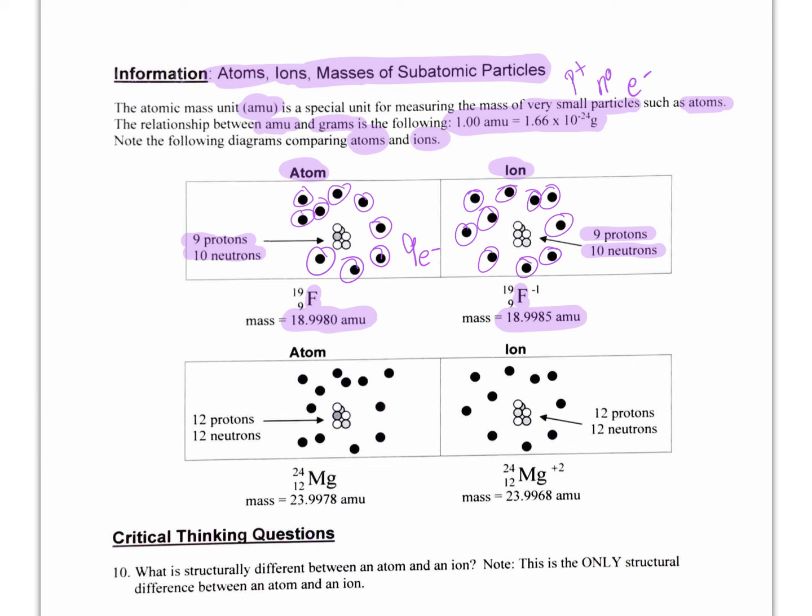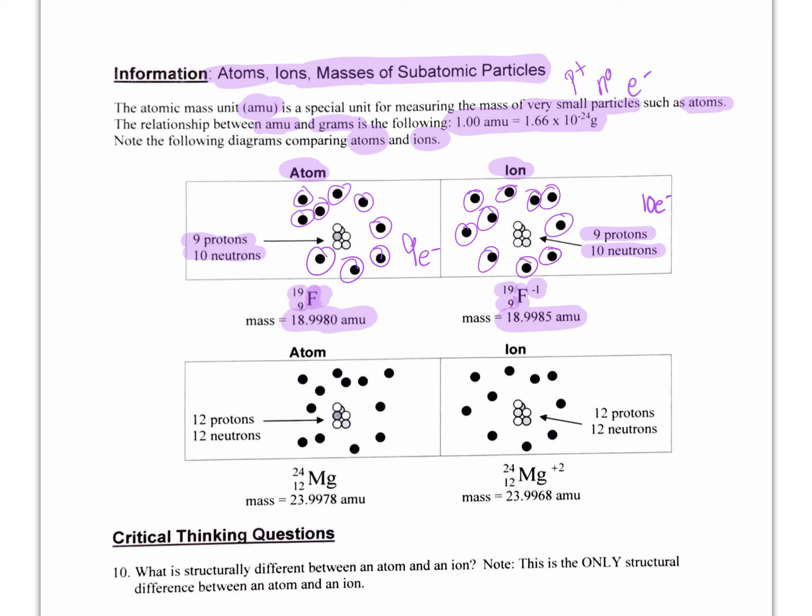Over here, we have 10 electrons. So what else should I notice about this? This fluorine, we've got 19 and 9 there. We've got 19 and 9 there. And this one has a -1. Over here, there's nothing there.